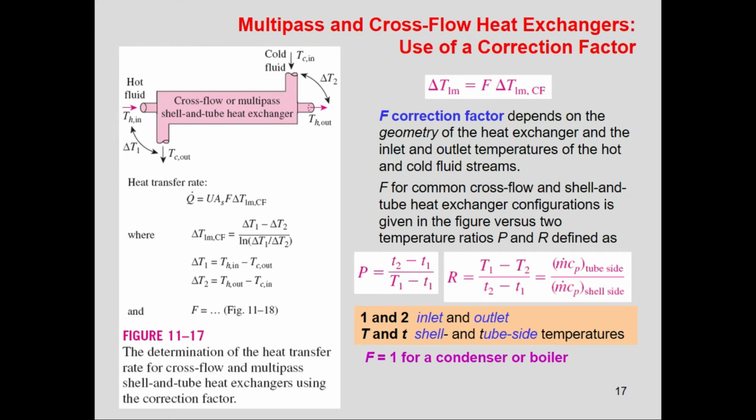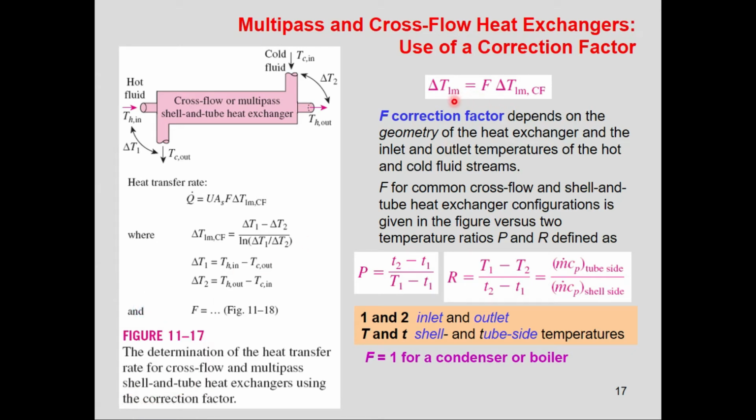For the cross flow heat exchanger, when we use the logarithmic mean temperature difference, we have to use a correction factor, and that correction factor is simply represented by F, right?